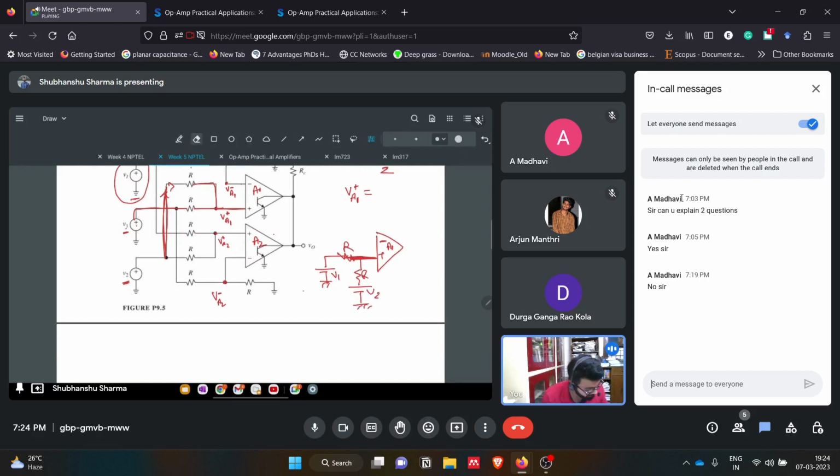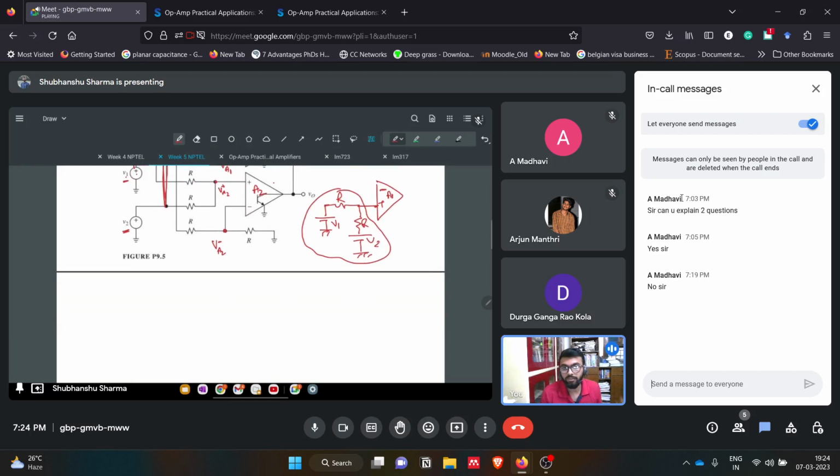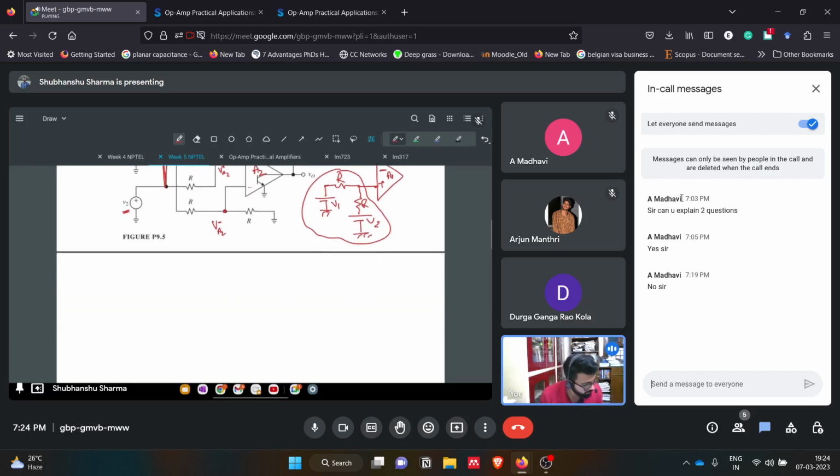I will clearly make this circuit. This is R. So at this terminal, we are looking at a circuit something like this. How will we solve this? You can solve this using simple voltage to current transformation. For the sake of simplicity, this R and R are in parallel, and these voltages will be converted to current sources.